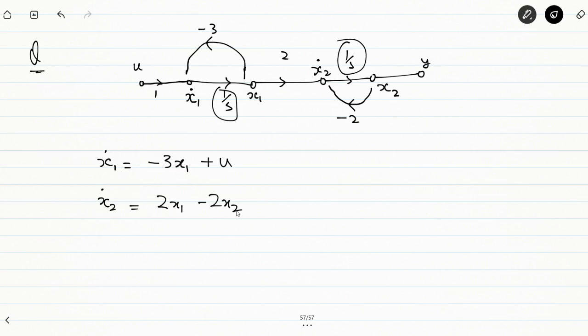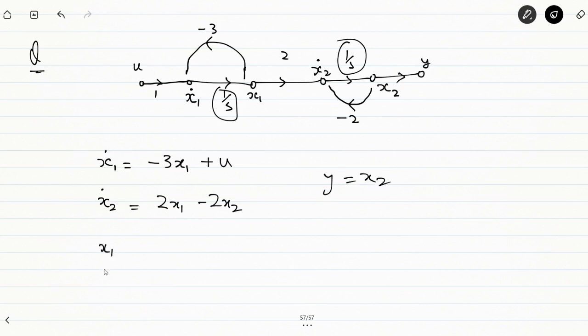So if in a signal flow graph you have an integrator, you can represent the variable after the integrator as x1 and before the integrator as x1 dot, its derivative form. So this can be done for any signal flow graph, and in this case y is simply equal to x2.